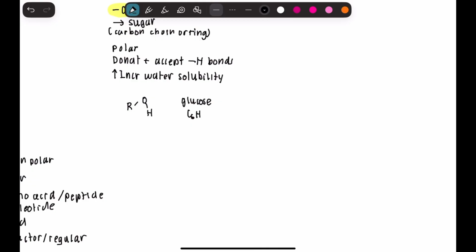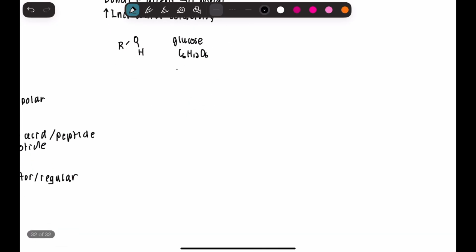That's C6H12O6. That's going to be HOOH.